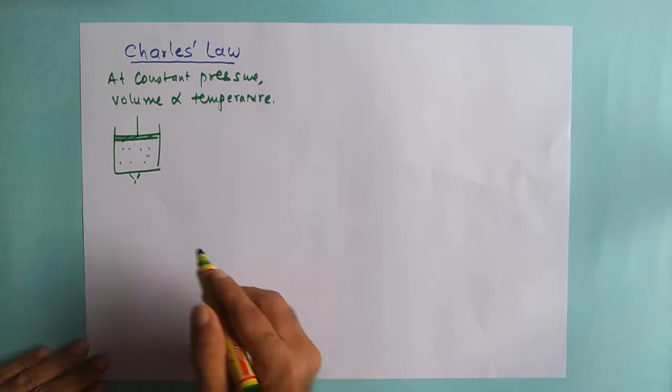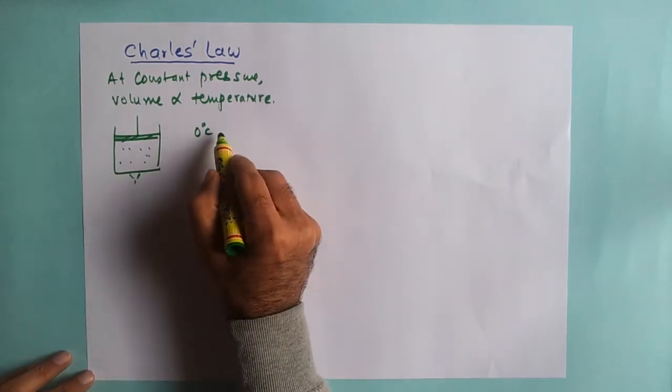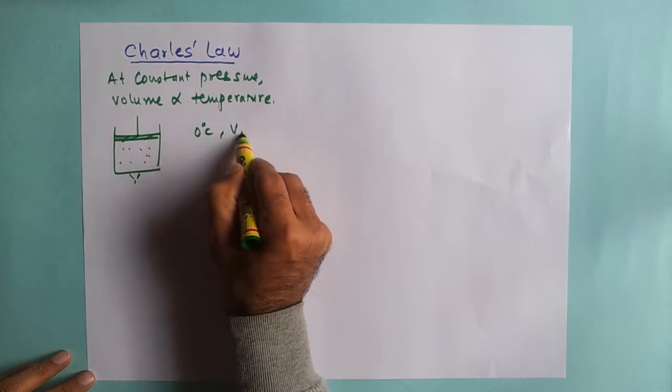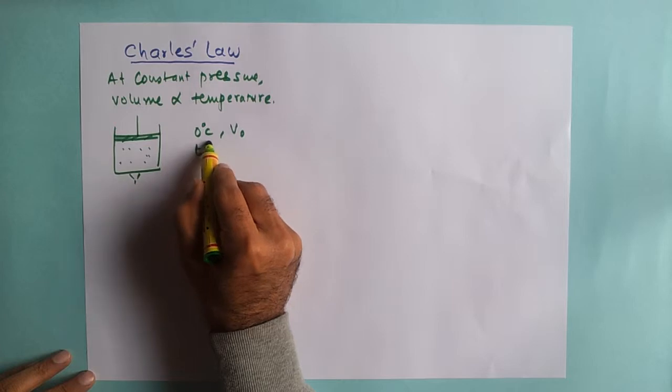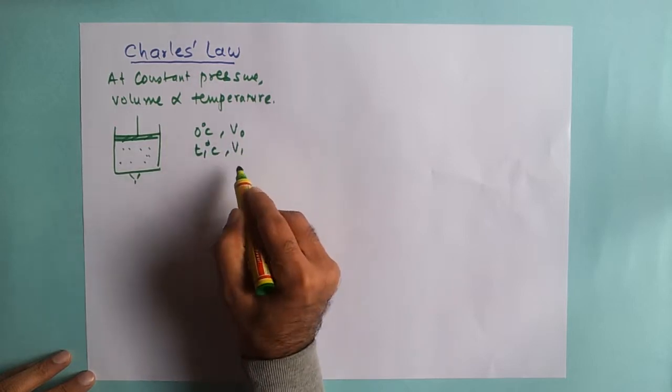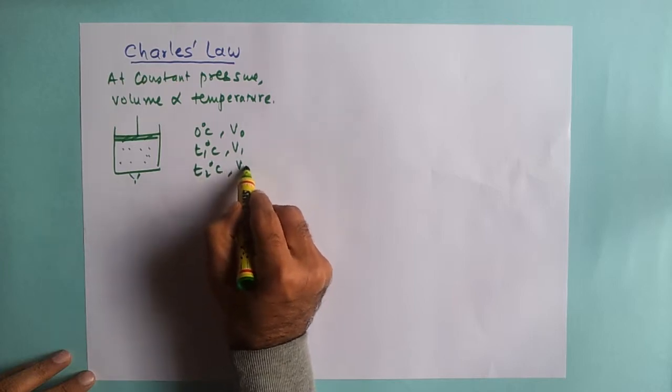Let us say we have a gas at 0 degrees Celsius, and let us say the volume at 0 degrees Celsius is V0, and now we heat it up to say T1 degrees Celsius and the volume becomes V1, and also let us say at temperature T2 degrees Celsius, the volume is V2.